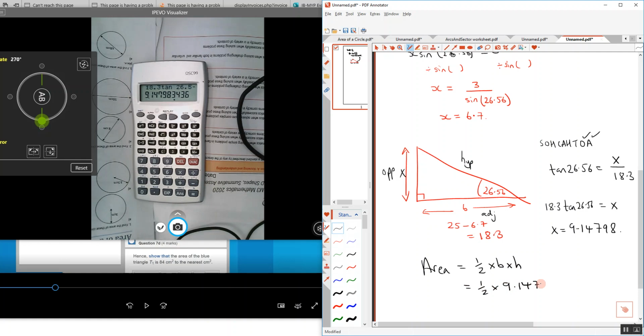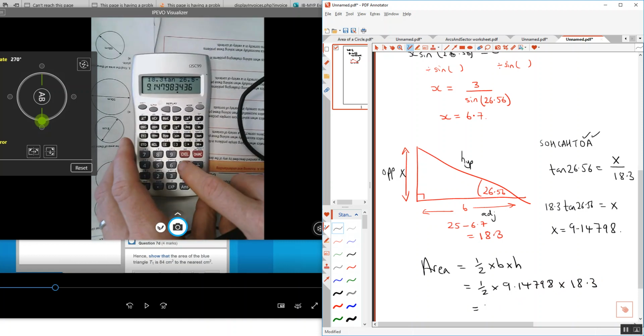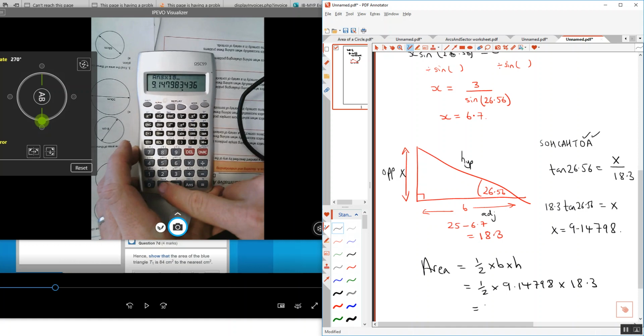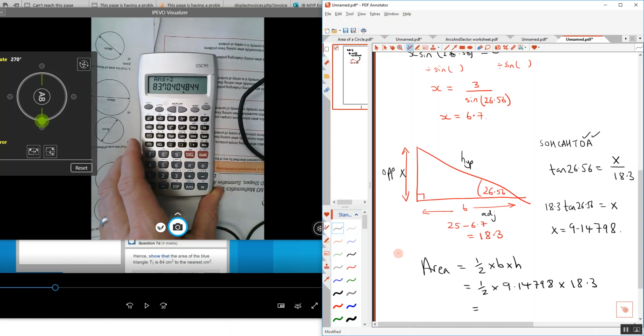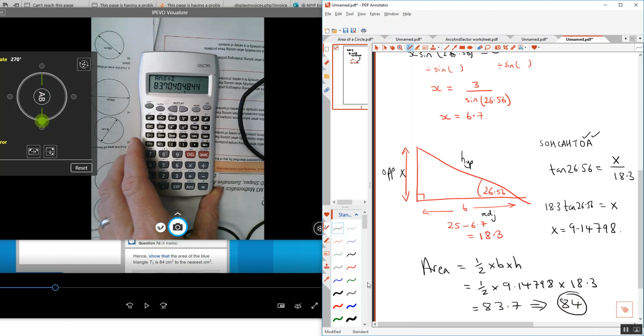So I'm going to use half multiplied by 18.3 multiplied by the height, and we get 83.7. To the nearest centimeter it is 84, which, if we go back to our question, show that the area is 84, so we know we're good.